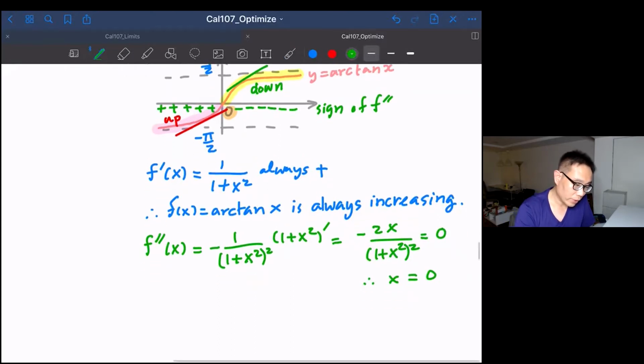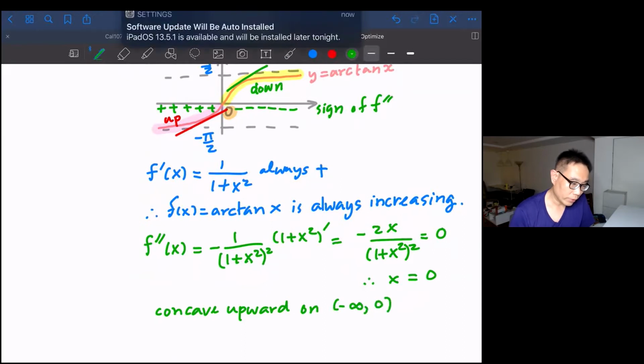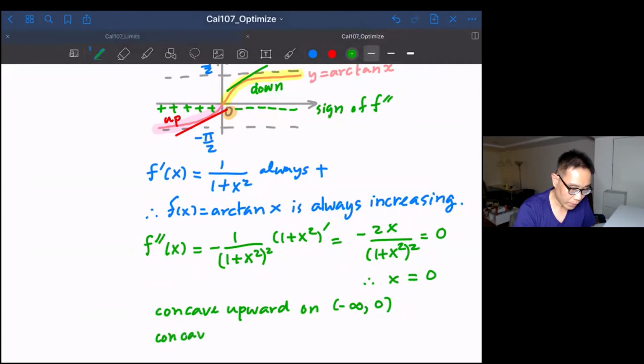So you're gonna see that it's gonna be concave upward on negative infinity to 0, and you have concave downward on 0 to infinity.